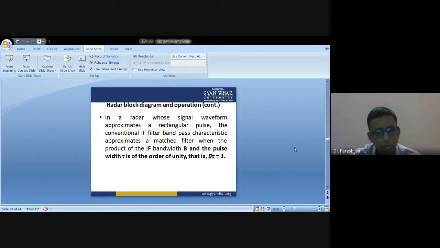The product of the IF bandwidth B and the pulse width tau. We have already discussed the pulse width factor, that is tau, of the order of unity. So B tau is equal to 1.